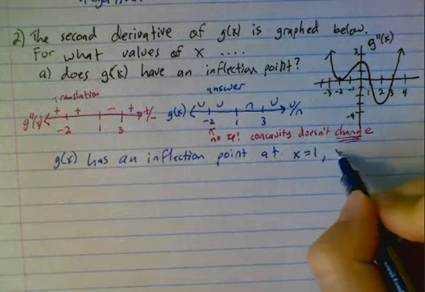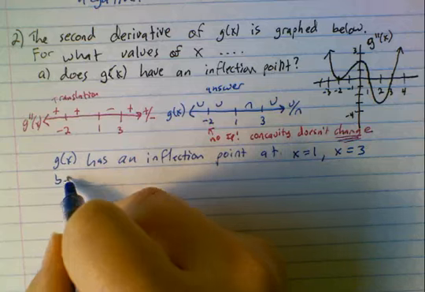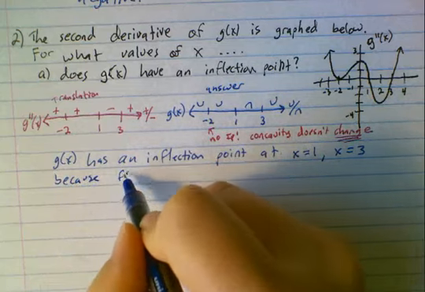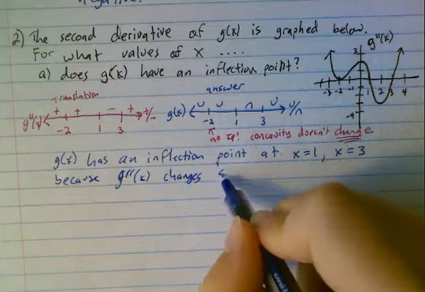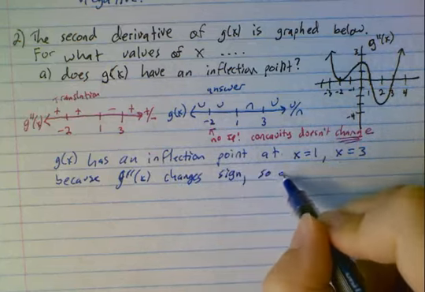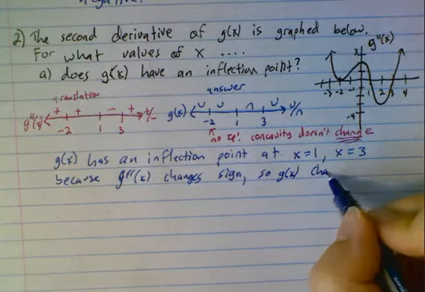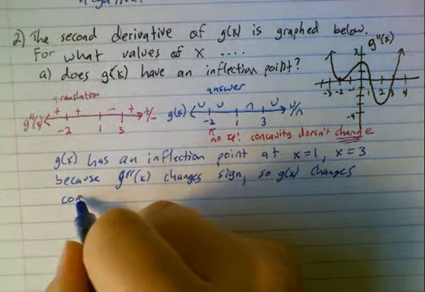So x equals 1, x equals 3, because g double prime of x changes sign. So g of x changes concavity.